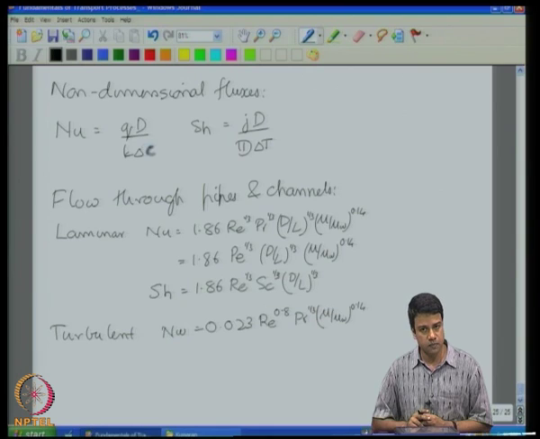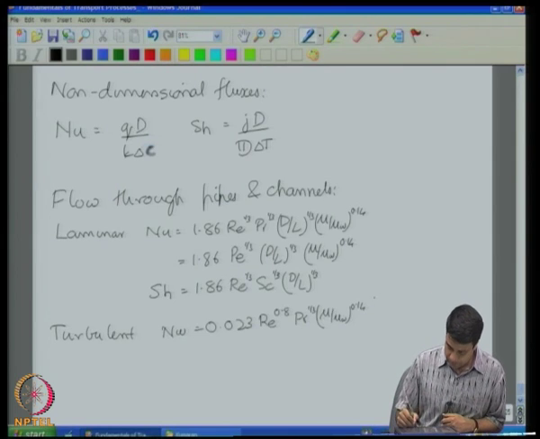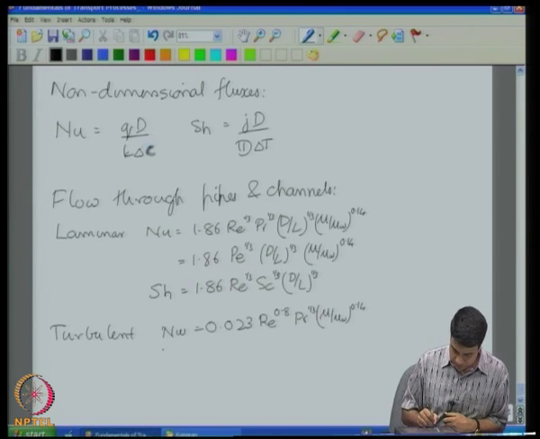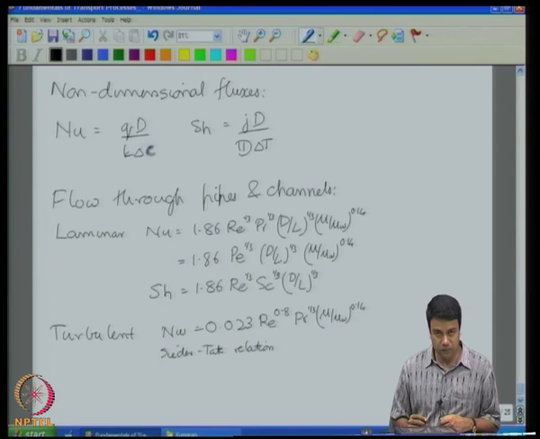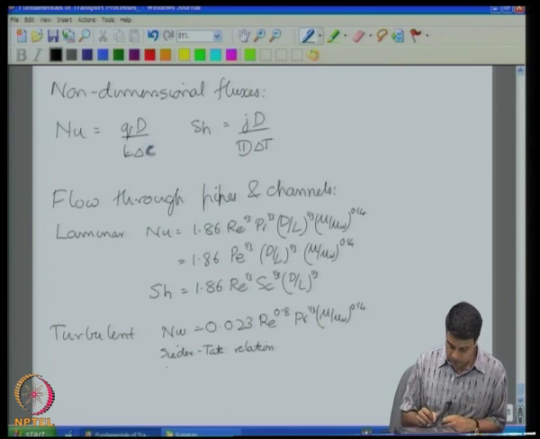So, there is a dependence both on mass diffusion and momentum diffusion in this case. Okay. And if I were doing the equivalent mass transfer problem, I get exactly the same.